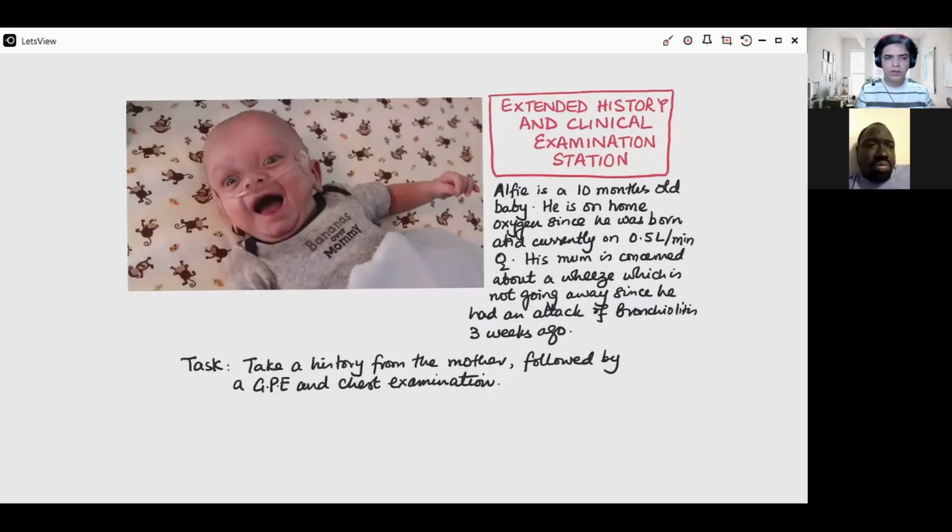And what name would you give to that chronic lung disease based on the history and examination? I'm not sure I understand that question. What sort of chronic lung disease? Chronic lung disease is an umbrella term.